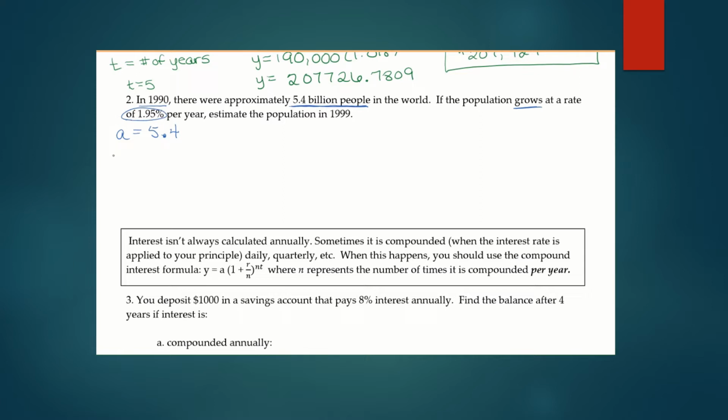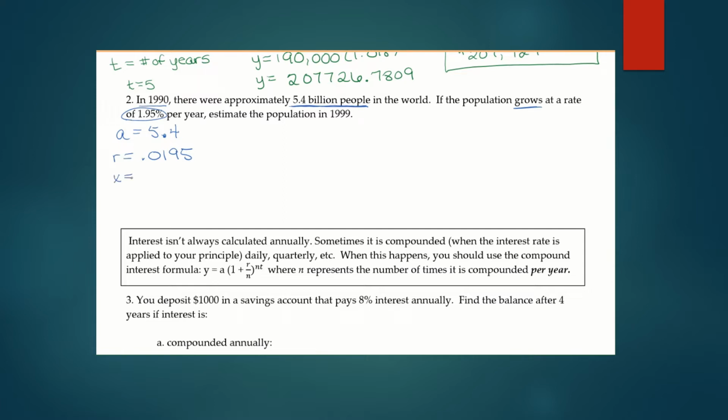Let's turn that into a decimal. So 1.95%. I know it's a little strange because you see a decimal, but this is technically a percentage value, 1.95%. So we want to take this percentage out of 100 and turn it into a decimal out of 1. So dividing by 100 or moving the decimal place 2 to the left, we get 0.0195. And again, this is our growth factor here. Okie dokie.